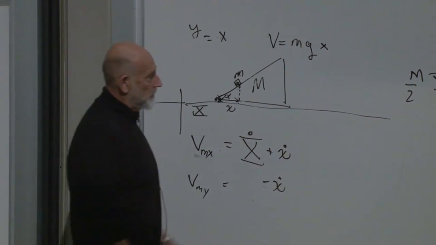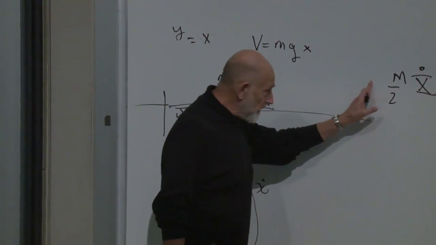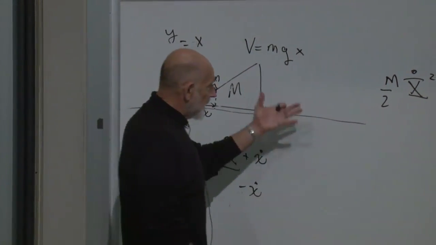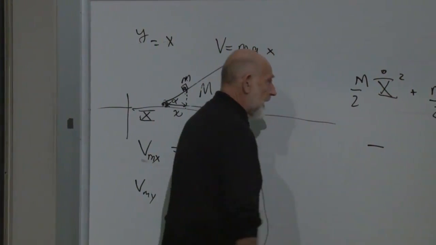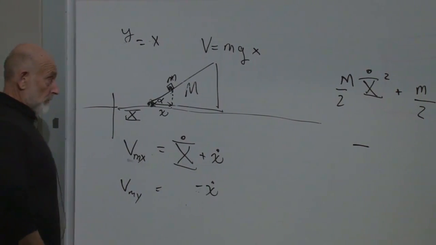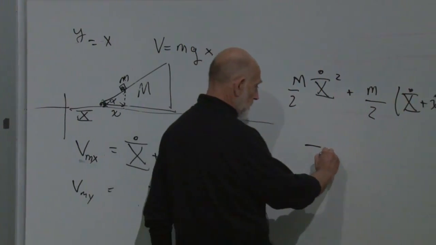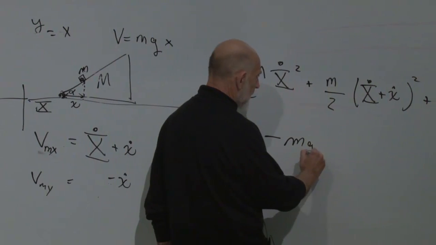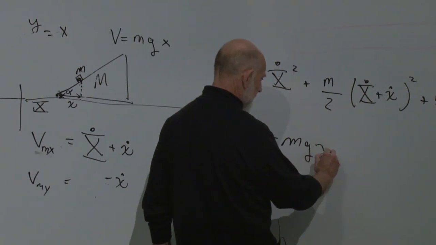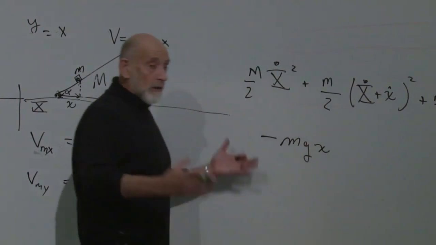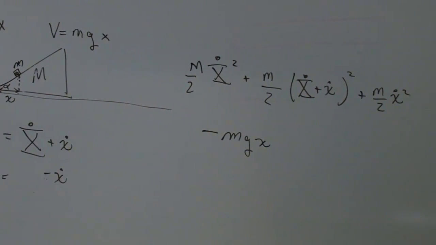So this is T, kinetic energy, the sum of two terms, and then we want to subtract the potential energy, which is just minus m g little x. And that's our Lagrangian. That's all there was to it.